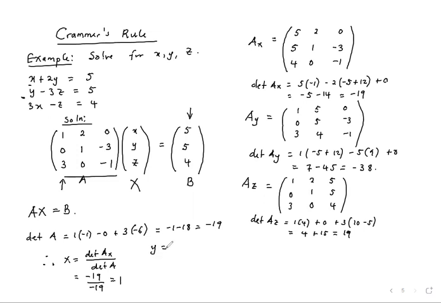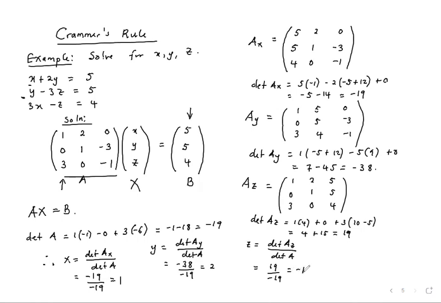Y will be given by determinant AY over determinant A, which is -38 over -19, which is equal to +2. And Z will be given by determinant AZ over determinant A, which is equal to 19 over -19, which is -1.